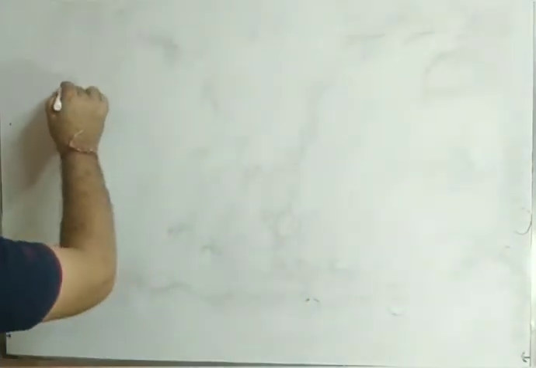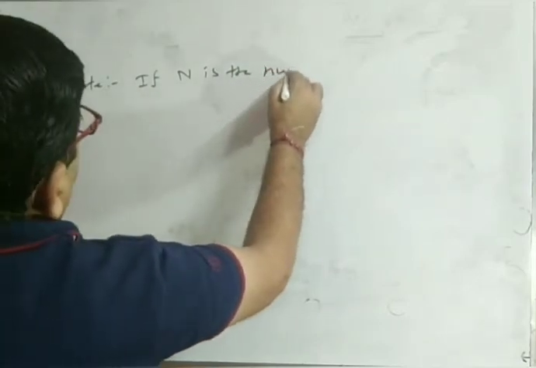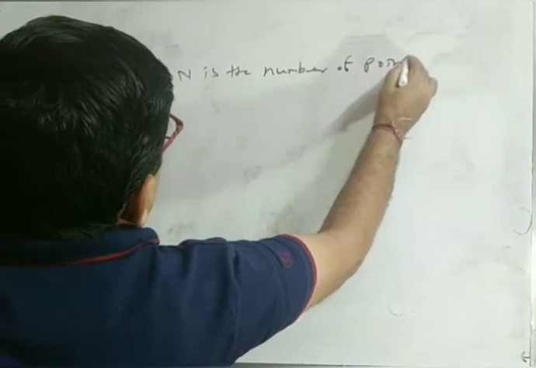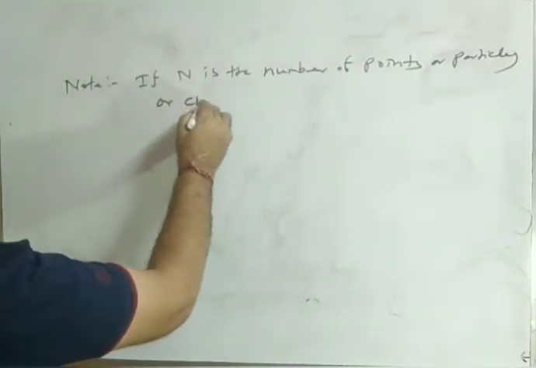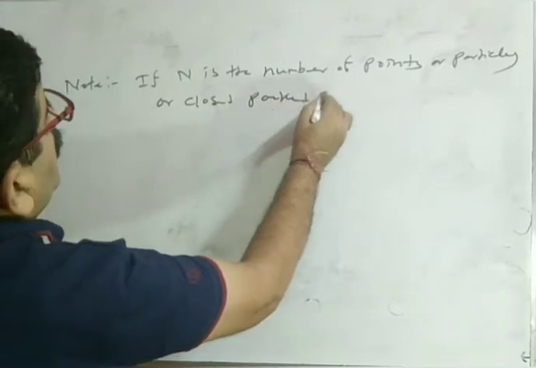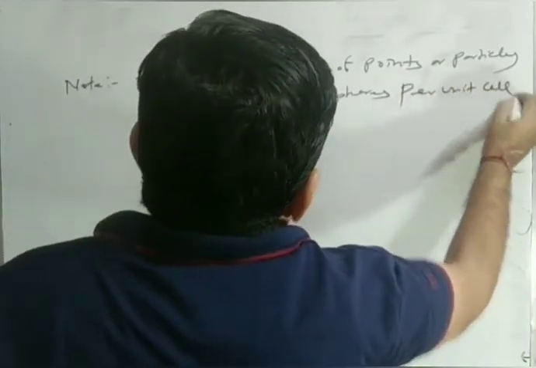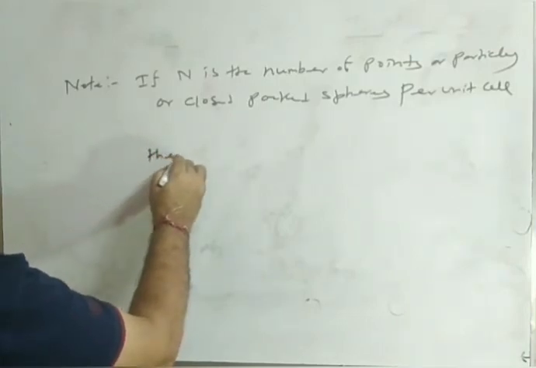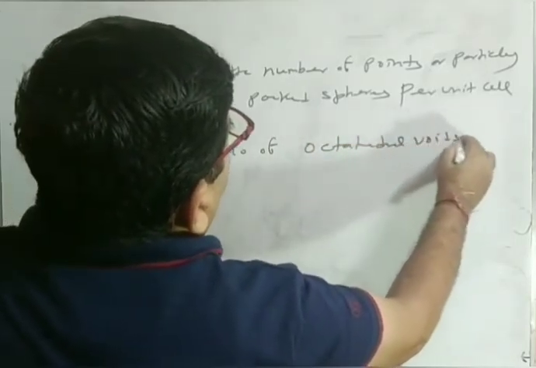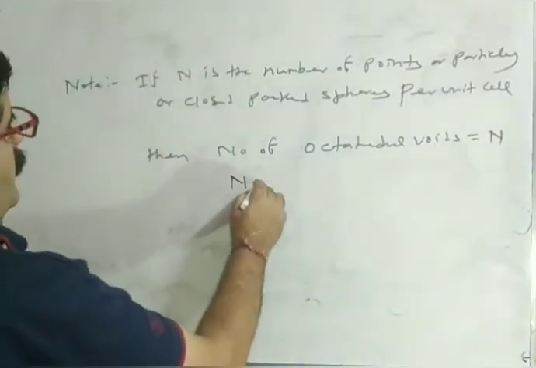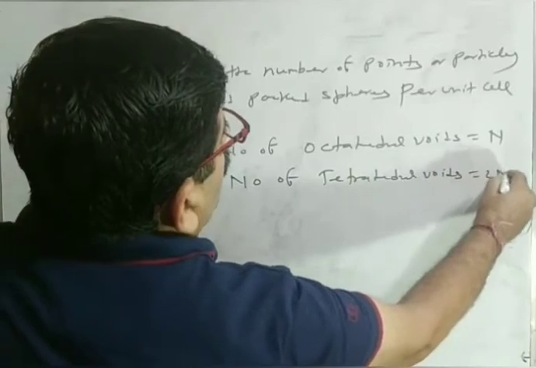So it is a very important note: if n is the number of points or particles or close packed spheres per unit cell, then the number of octahedral voids is equal to n, whereas the number of tetrahedral voids is equal to what? 2n.